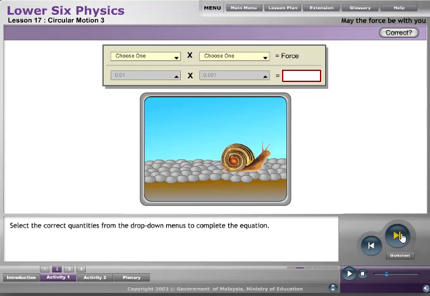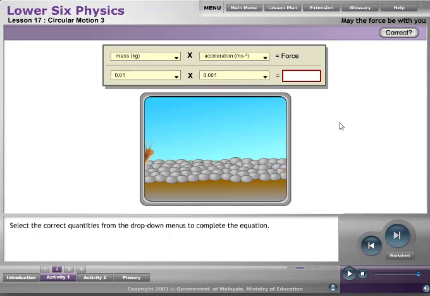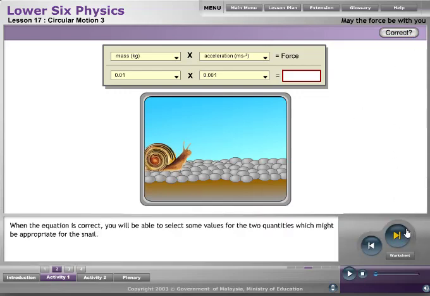Select the correct quantities from the drop-down menus to complete the equation. When the equation is correct, you will be able to select some values for the two quantities which might be appropriate for the snail.